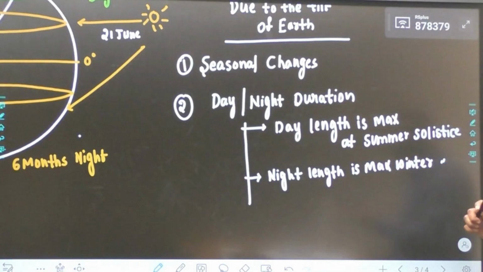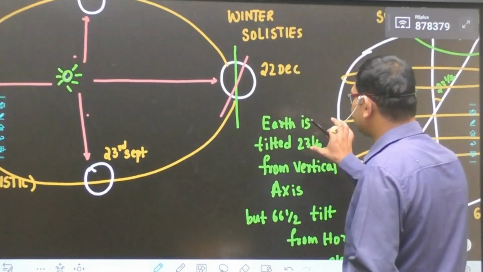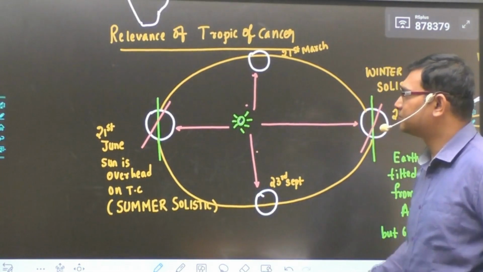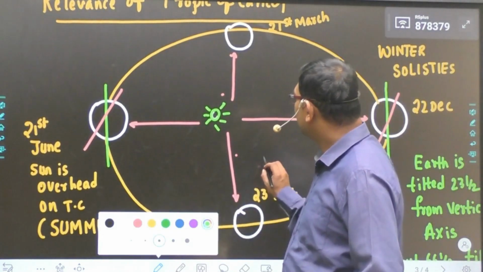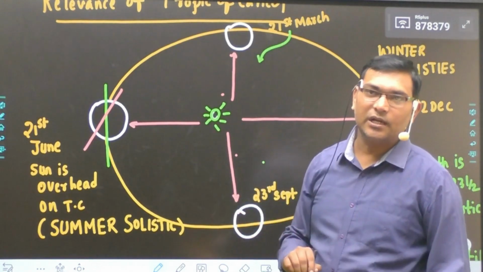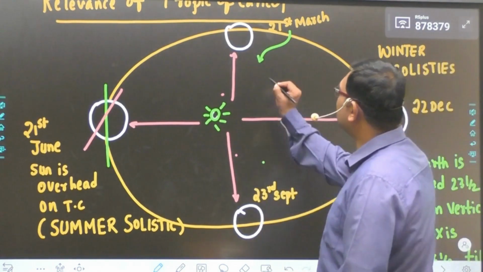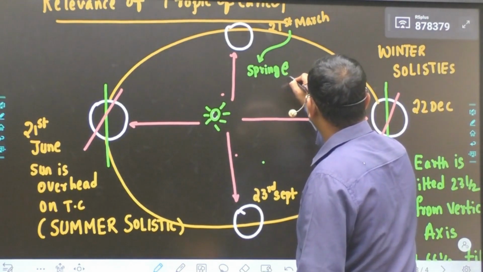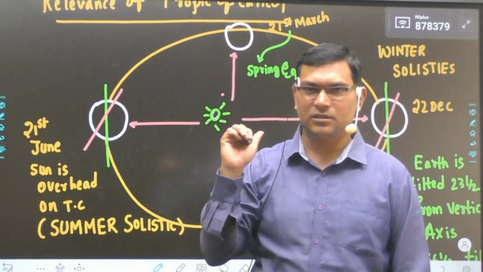But also, if you look at this diagram, can I say that in this case, 21st March is your equinox? What kind of equinox is it? Spring equinox. Yes or no? These are done in world geography.